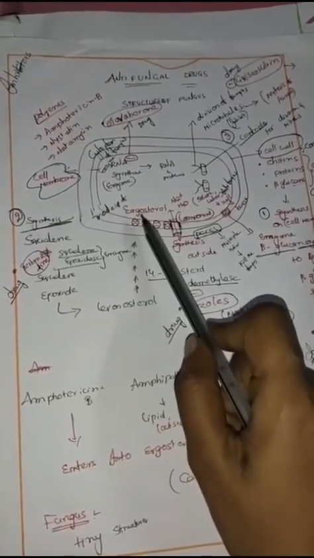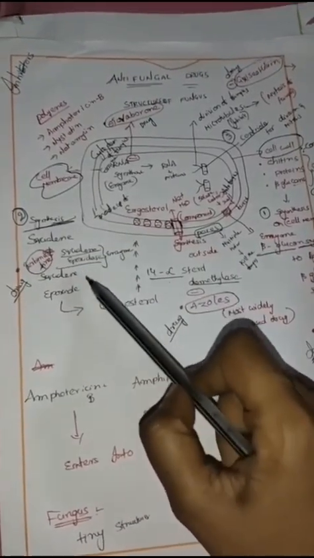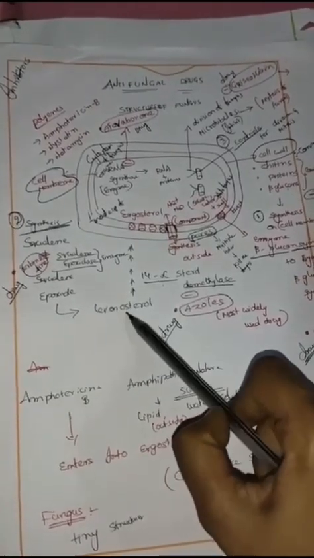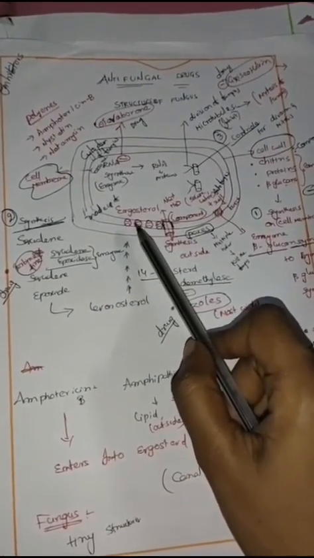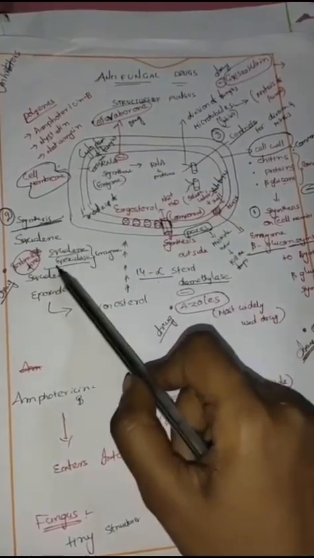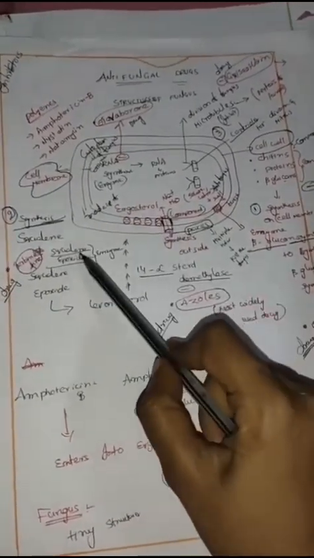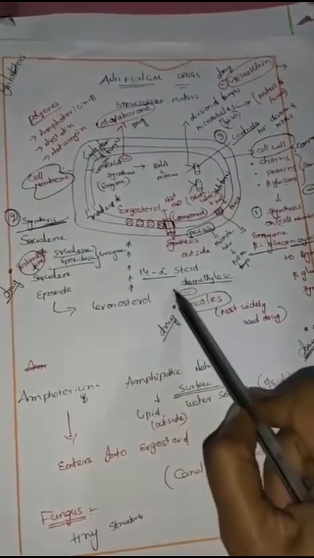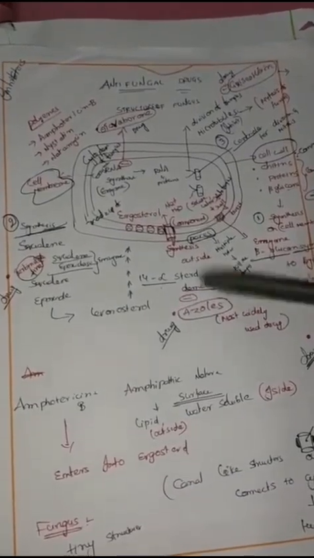For ergosterol synthesis, squalene epoxide is converted and further multiplication of ergosterols takes place with two enzymes, squalene epoxidase and 14 alpha sterol demethylase. So this is the second step.